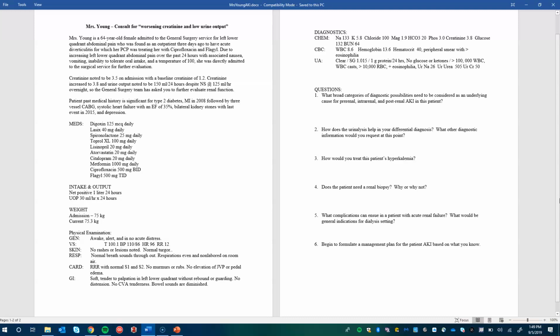So plug in her lab results into that calculator and see what you get. For the fractional excretion of urea.